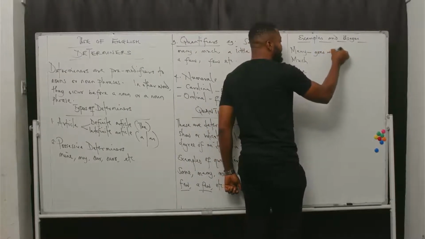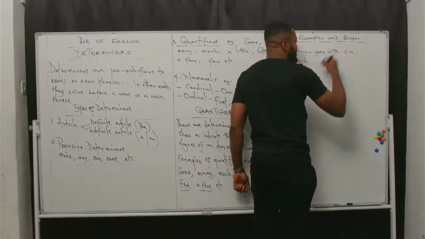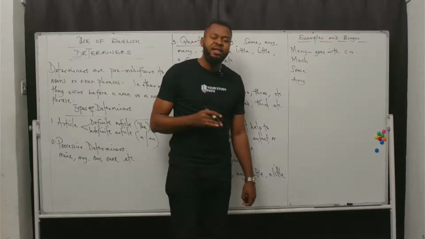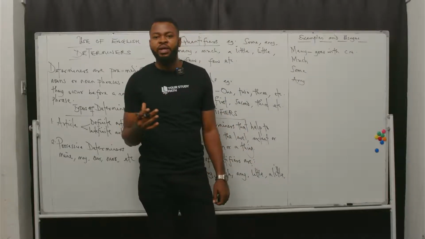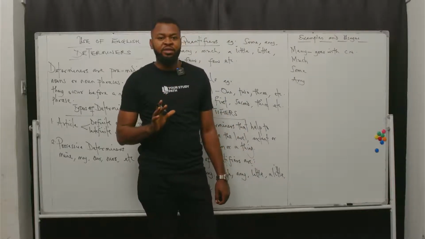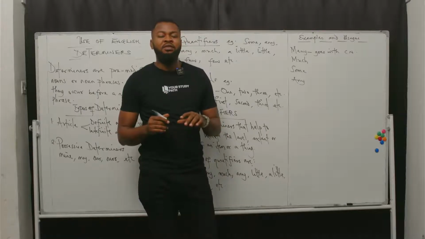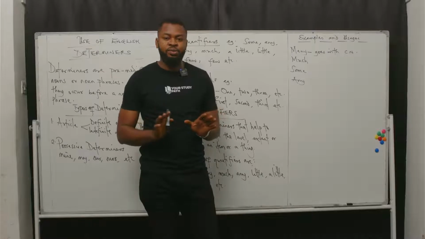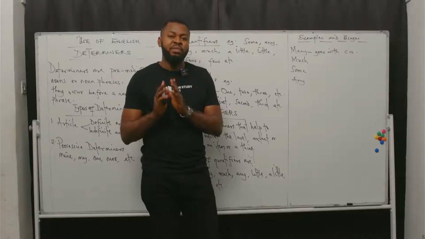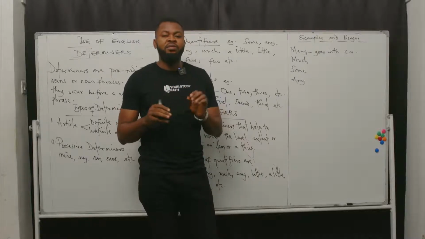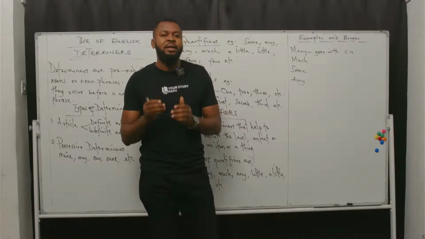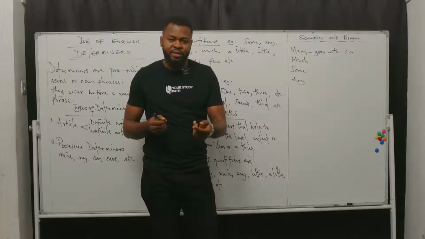So many goes with CN. Now remember that CN means count nouns. And I just gave examples of count nouns. Remember that count nouns does not in any way have to do with nouns that can be counted or separated. What count nouns simply means is that they are nouns that can be pluralized.